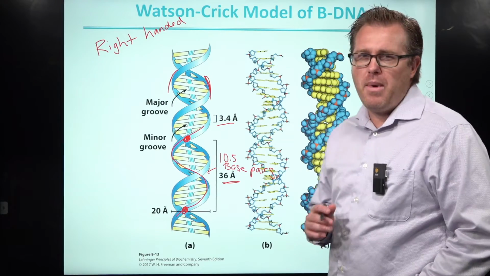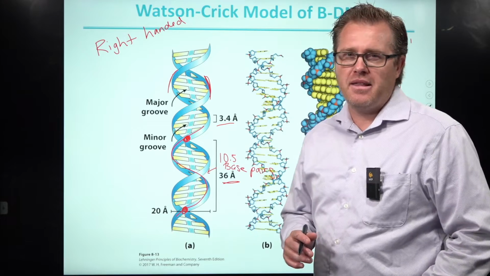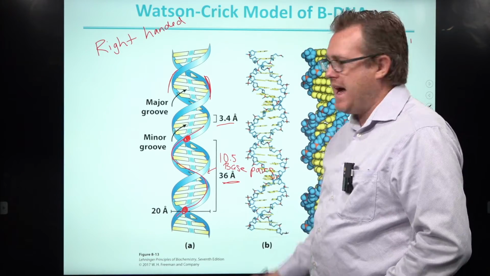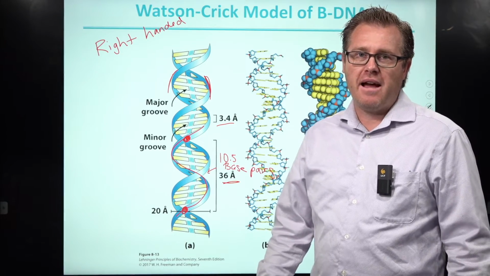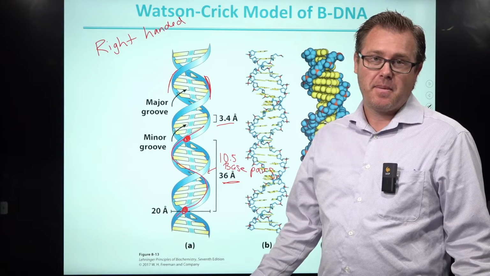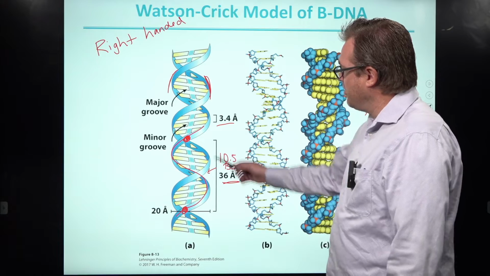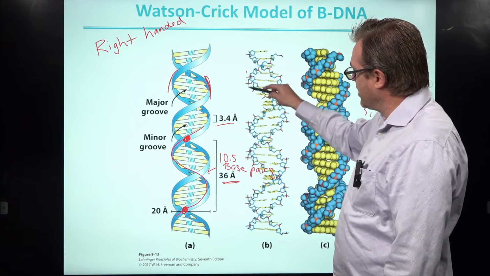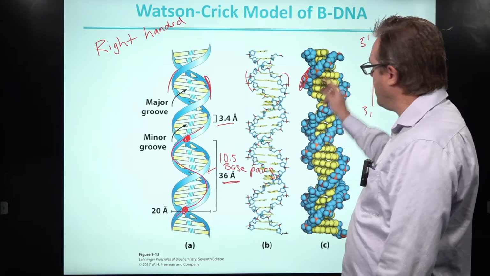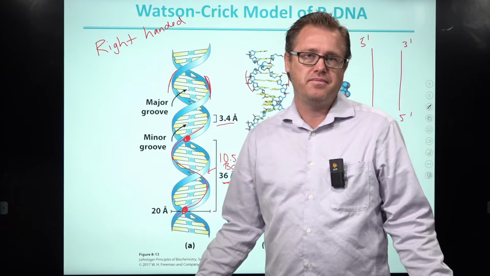Well, if you go back and look at the chemical structures of the backbone, you know that you have phosphates, and those are going to have negative charges. So the backbone on the outside of the molecule, it's negatively charged.